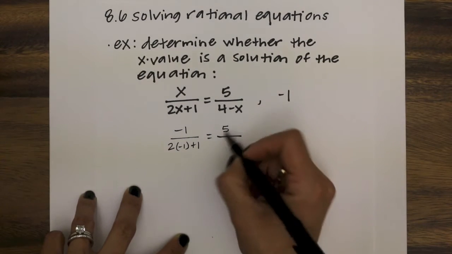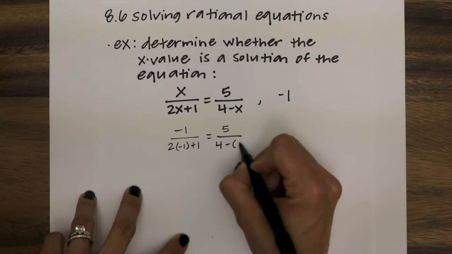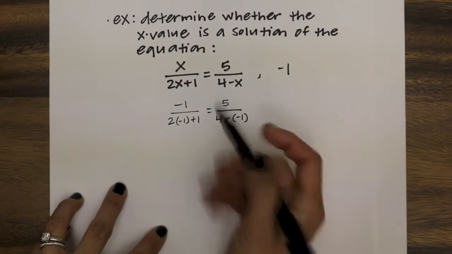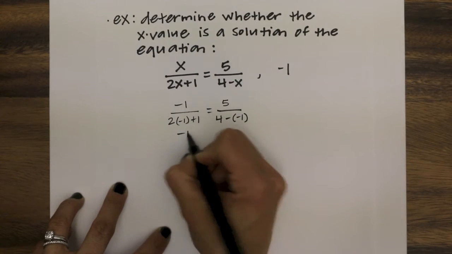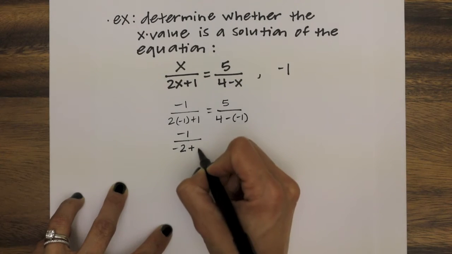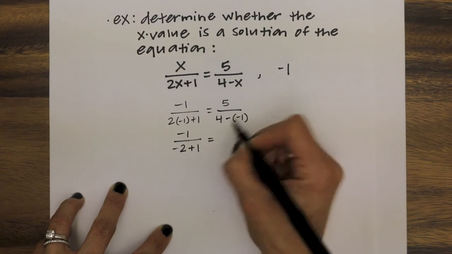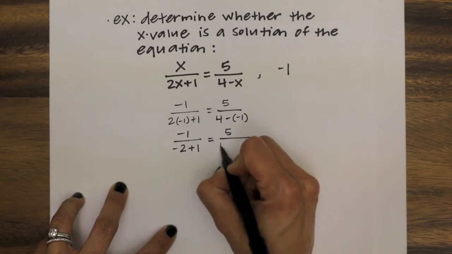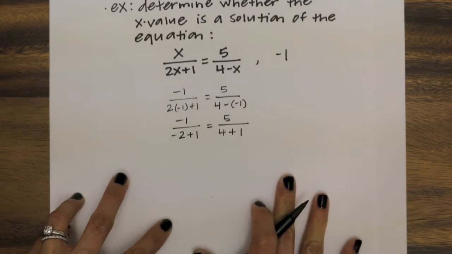So anywhere you see an x, you're going to plug in -1, and then we'll simplify. So on the left side, we get -1 over -2 plus 1. On the right side, we have 5 divided by 4 plus 1.